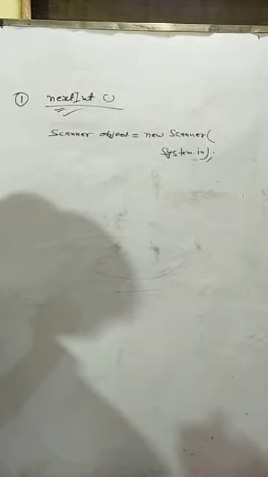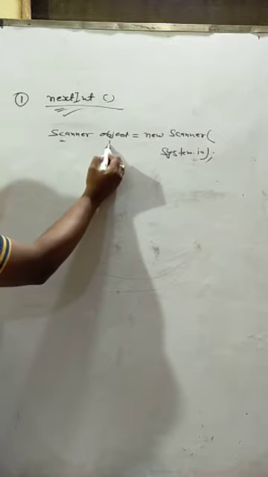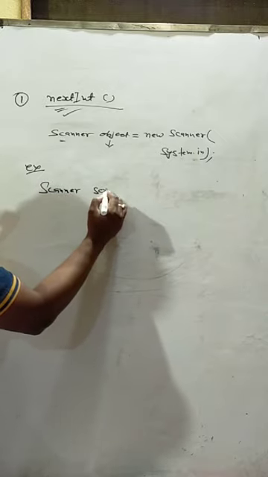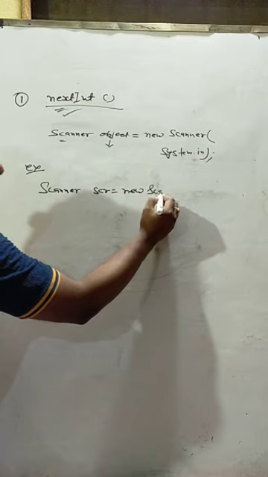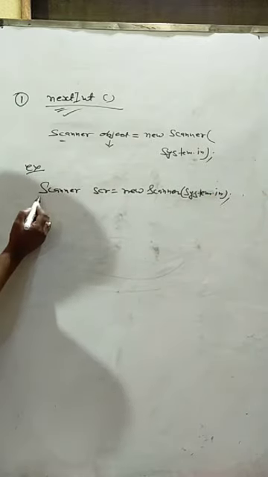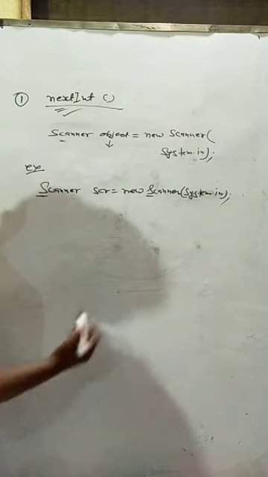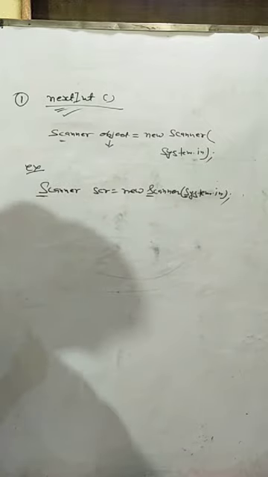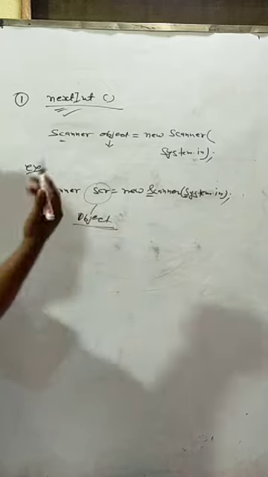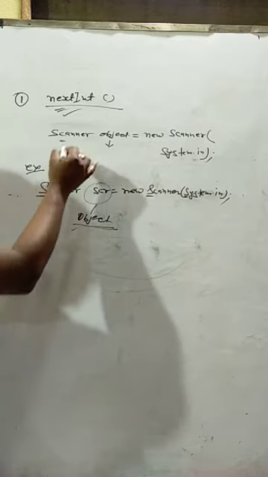See, S is capital in Scanner, and S is capital in System. This scr is the name of the object, just like a variable. Any name we can keep. So first of all we have to create the object of the scanner class.